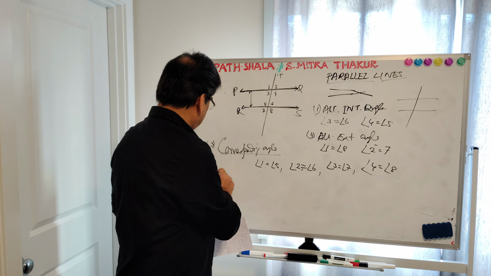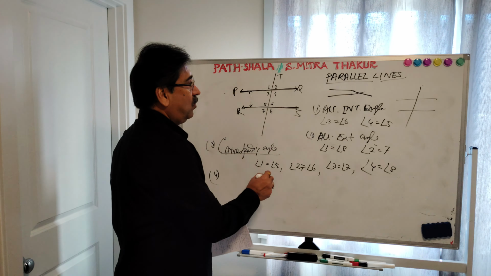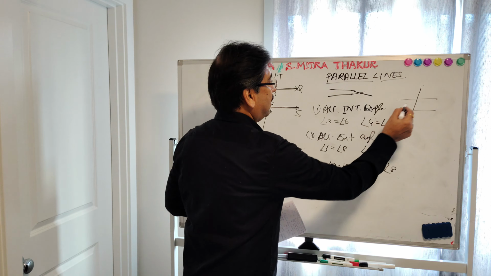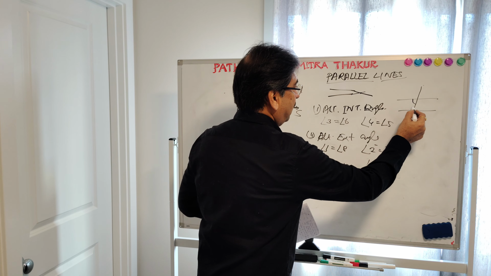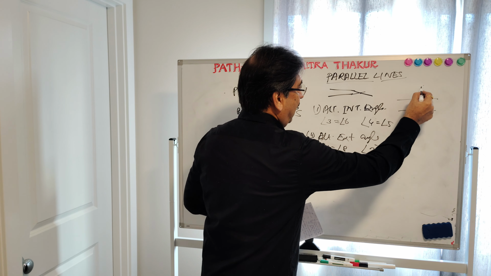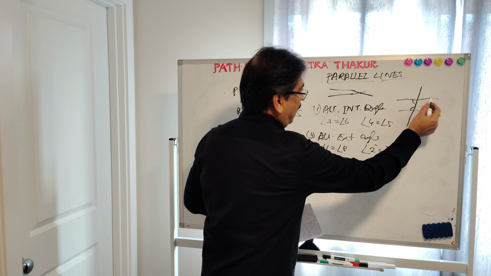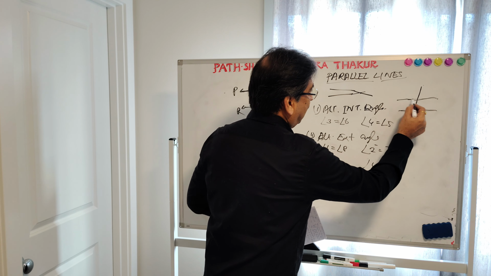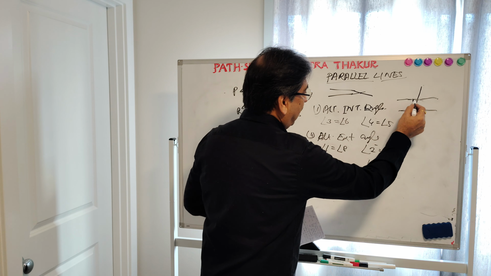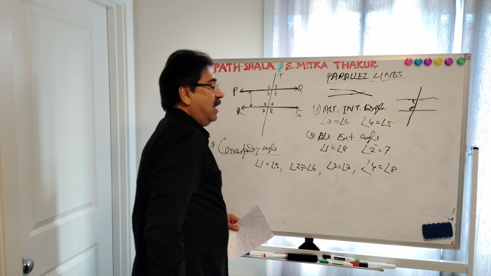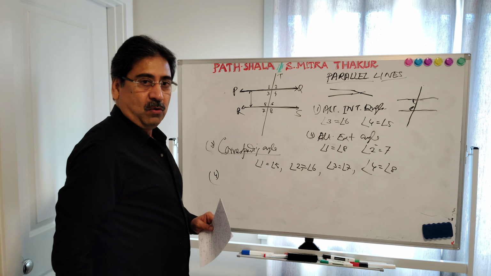And another condition, number 4: the two angles in these parallel lines, with this as the transversal, on the same side and both interior angles, if we add those two angles, then it will be 180 degrees.